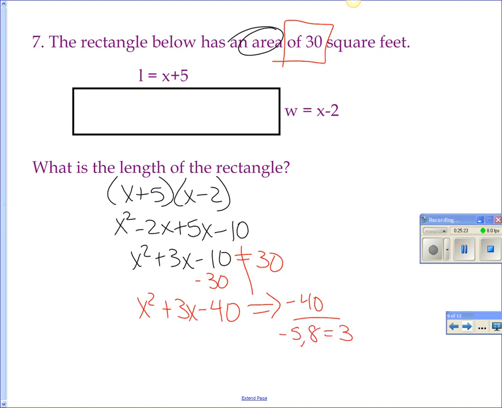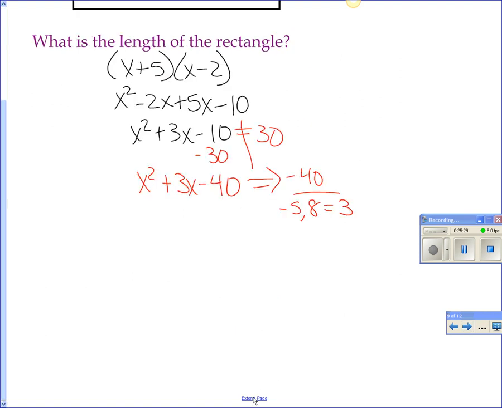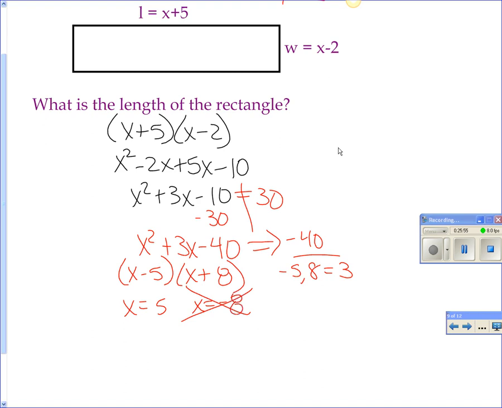Shakira, from there. Good. Stephen A., you're next. Zach? Good. You're going to pick x equals 5. So this one asks for the length, and the length is x plus 5. Well, x is 5. What's 5 plus 5? 10.